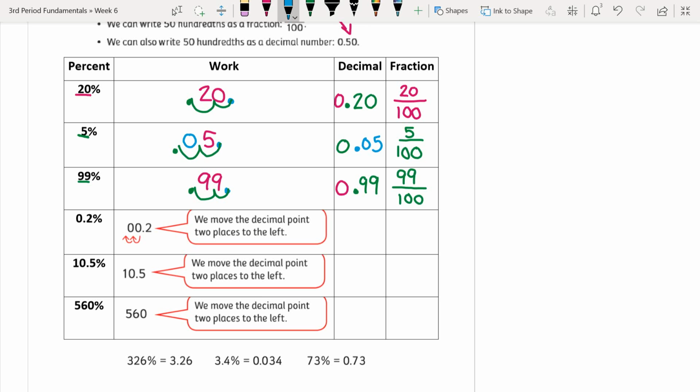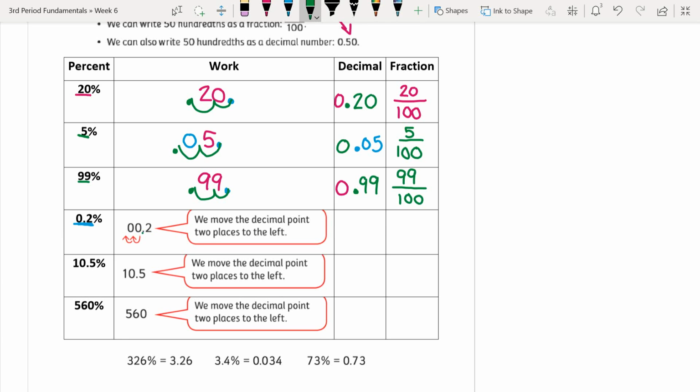Okay, so hopefully you worked through these 3. I asked you to hold off on your fractions. So all we're doing right now is writing the decimal. So you should just be checking your answer against mine. I kind of started it off for you. So for 0.2%, we just take the number we see, which was 0.2. And this had a decimal already, so that was helpful.